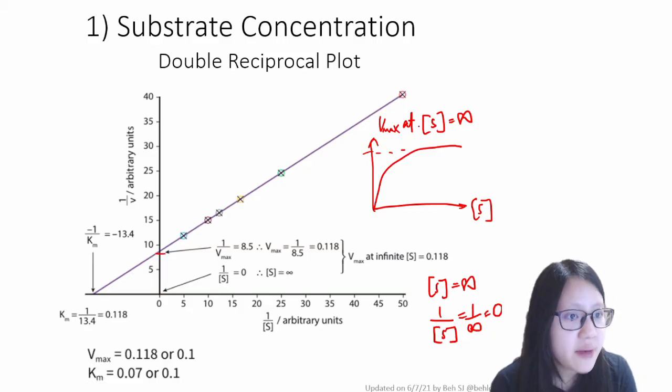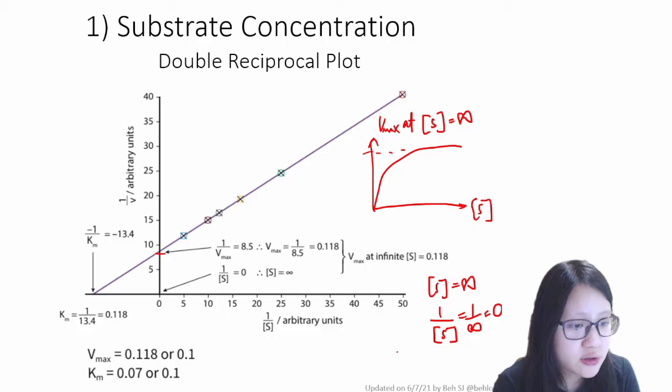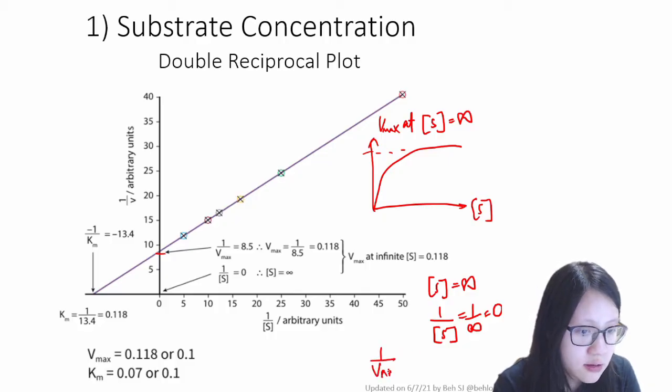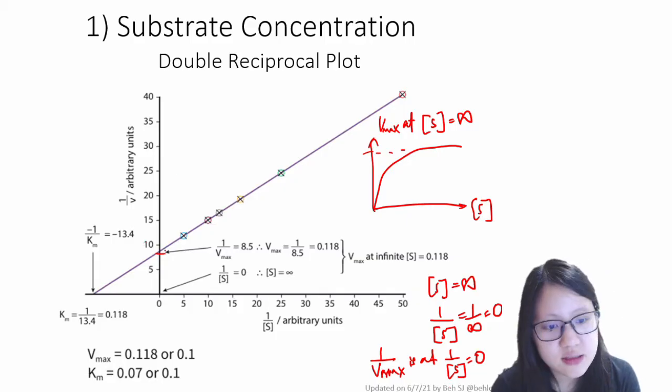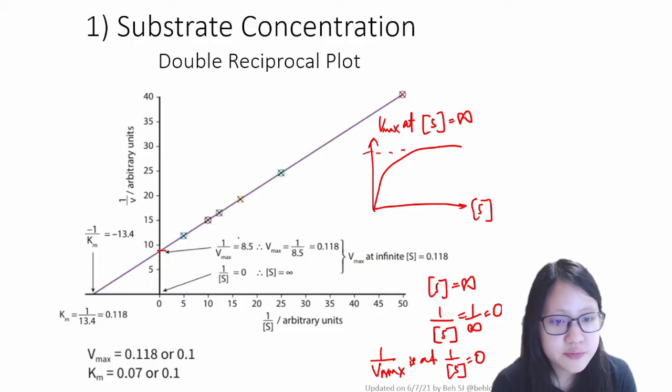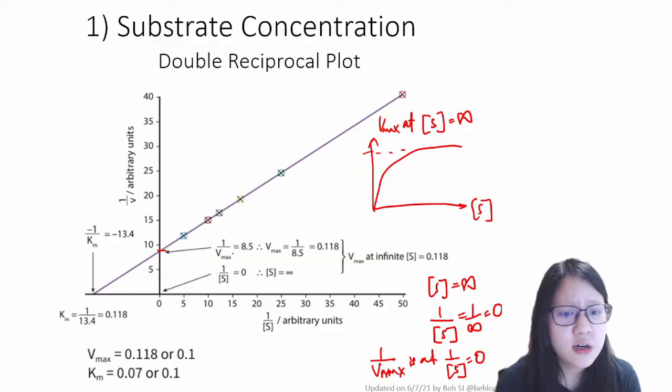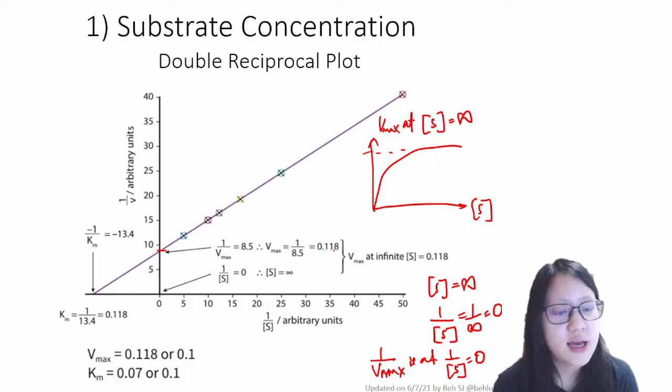So since Vmax is at substrate concentration equals infinity, 1 over Vmax is at 1 over substrate concentration equals 0, which is the y-intercept right here. So y-intercept is 1 over Vmax equals 8.5. Convert that, Vmax equals 0.118.